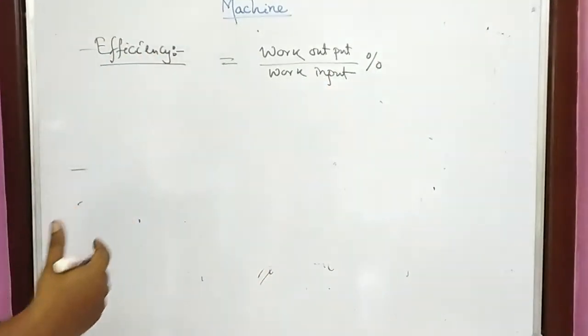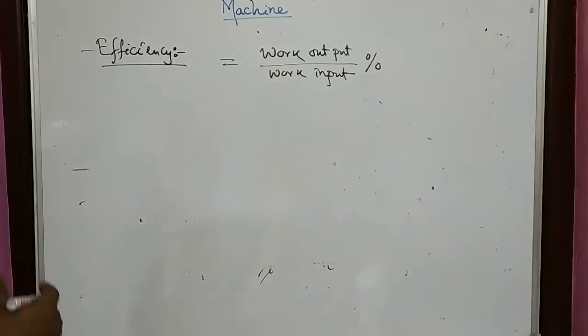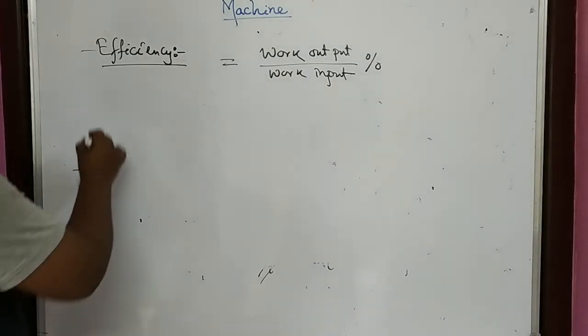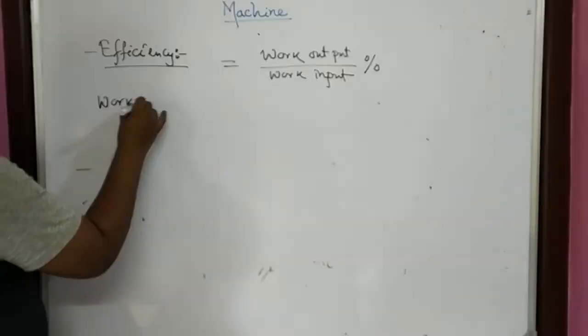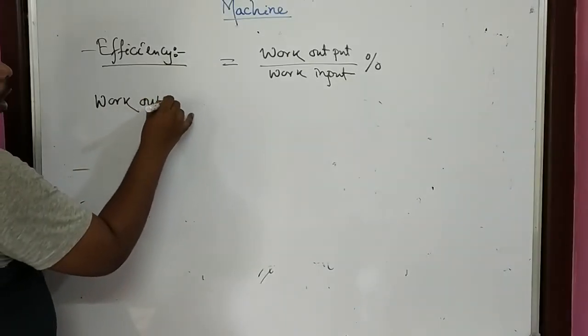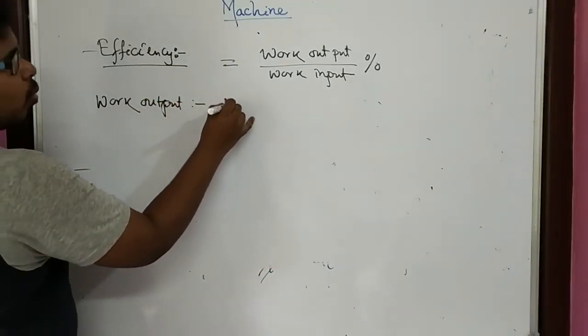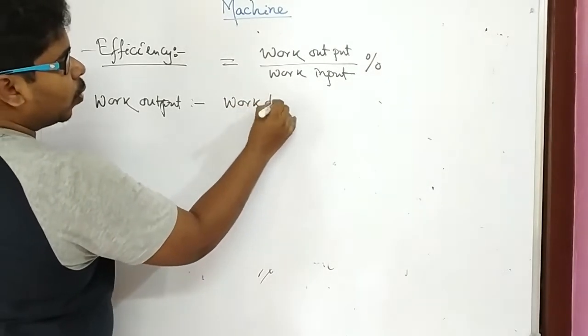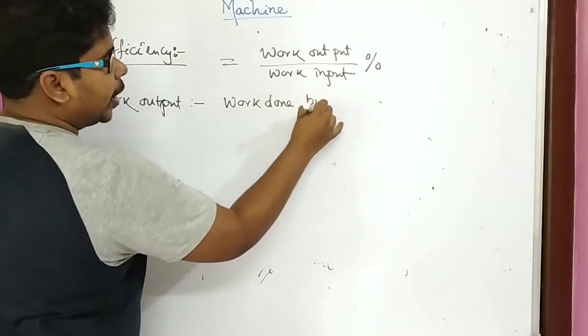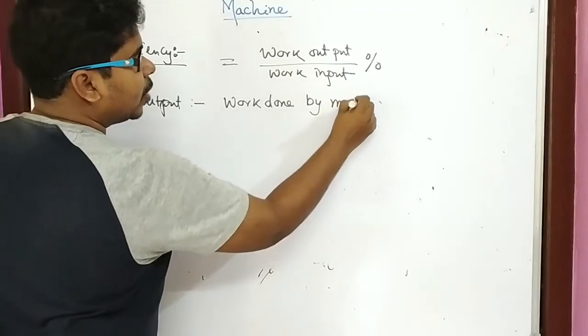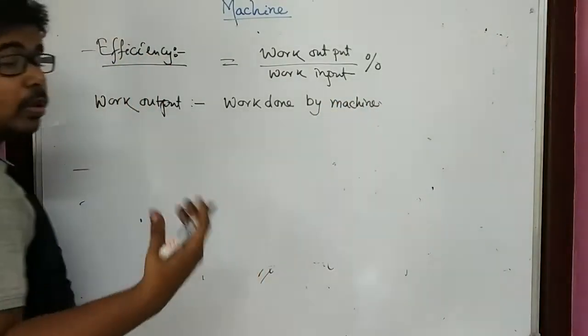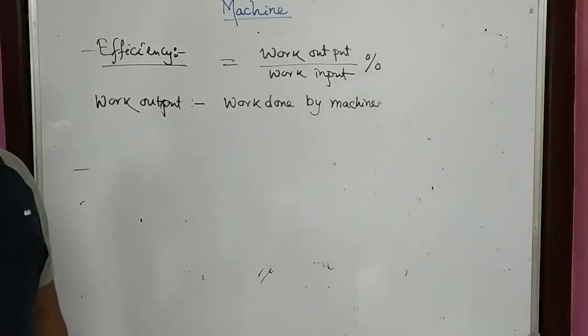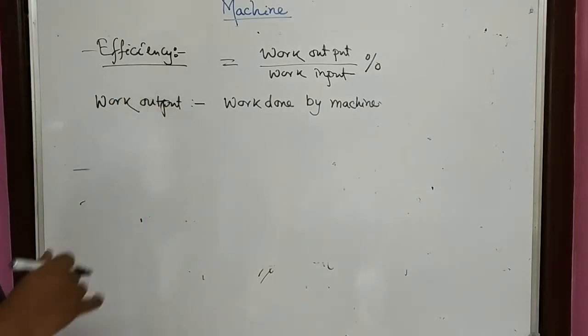Now you might be thinking, from where have this work output and work input come? What is work output? Work output is basically work done by the machine. That means how much work we received, how much work we got from the machine.